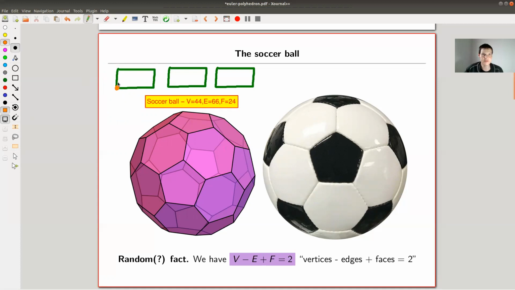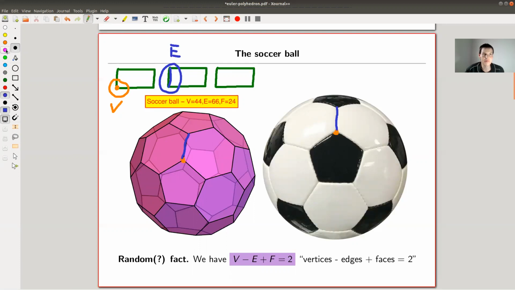Here the orange thing is a vertex of a polyhedron, like this one here, or this thing here. These are vertices, and I would like to count them, and I call them V. Polyhedra also have edges. Here's one, for example. Here's one, a blue one. Again, I want to count them, and I call them E.